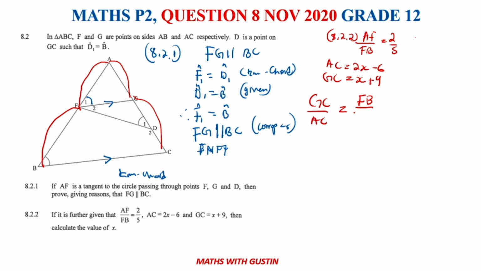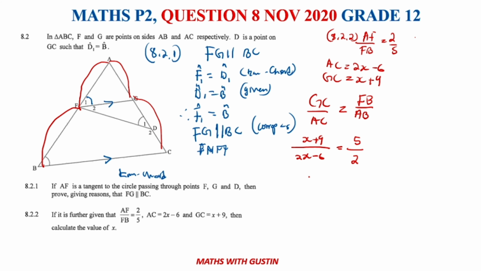You can also say AG over GC. It really doesn't matter. Okay, all over AB. What is given to us there? GC is x plus 9 all over AC is 2x minus 6, is equal to FB, which is 5, and then AF is equal to 2.